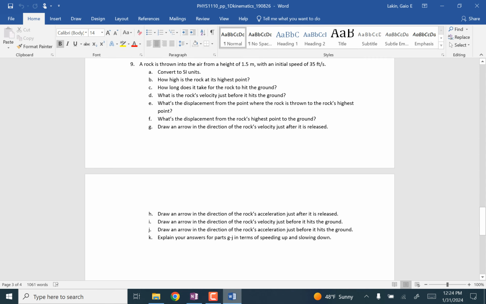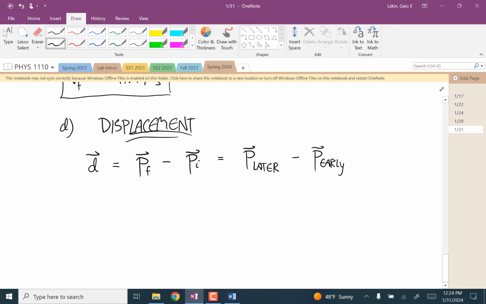We are first trying to figure out the displacement from the point where the rock is thrown to the rock's highest point. So the displacement vector is going to be the position of those two. Which one is the later one? The position where the rock is thrown, or the position when it gets to the highest point?